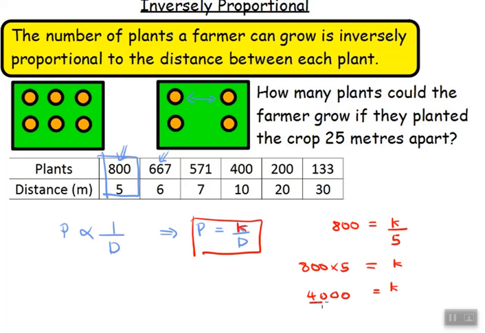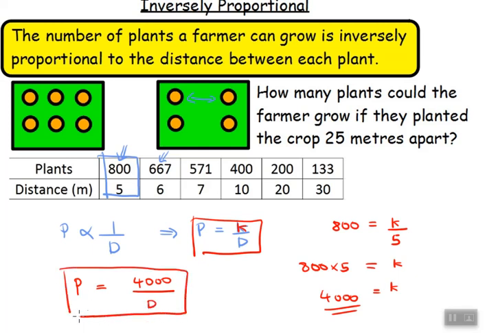No, sorry, I've added an extra 0. Let me do that again. Bit of a mind blank there. 4,000, sorry. So this is the formula now that connects both variables together. P is equal to 4,000 divided by d. That's the complete formula.